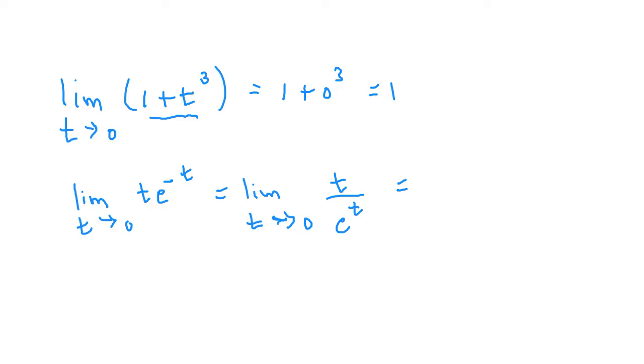The numerator goes to 0, the denominator goes to e to the 0. Let me examine this a little more here. Yeah, that's right. 0 over 1, that's 0. So no problem there. Those limits are easy.